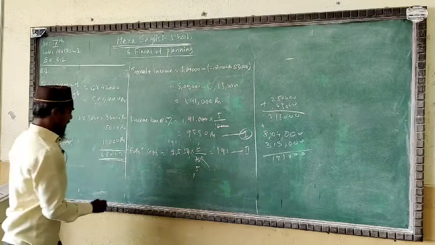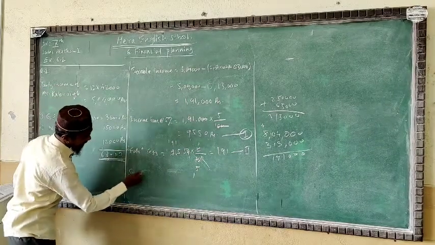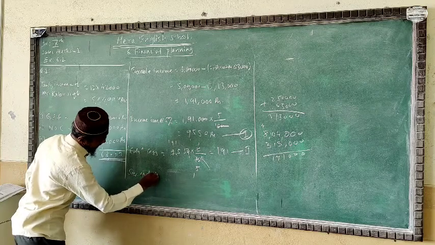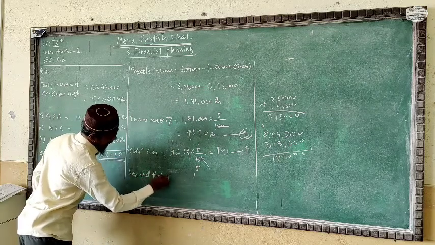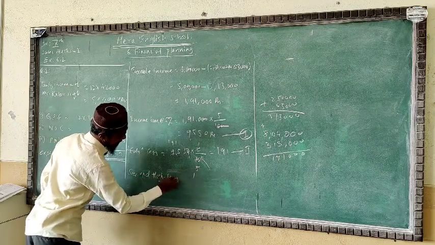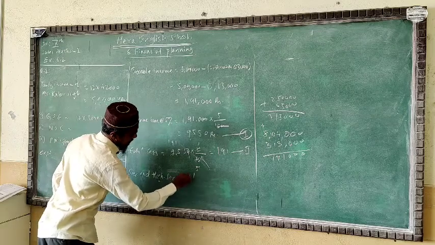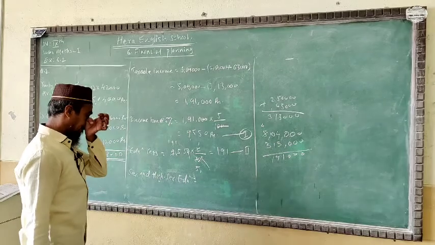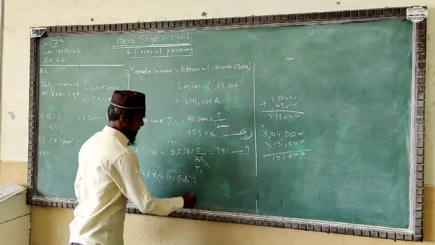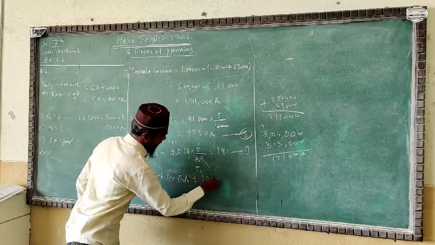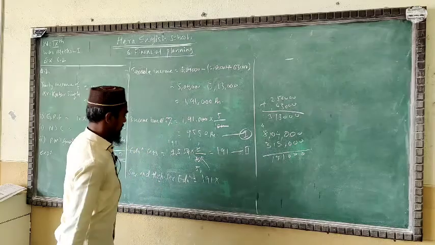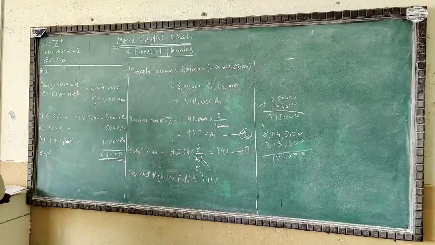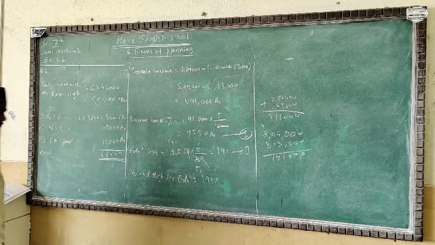Now once again, secondary and higher secondary education cess, that is also 1%, 191 into, how much is the education cess, 2% is there.